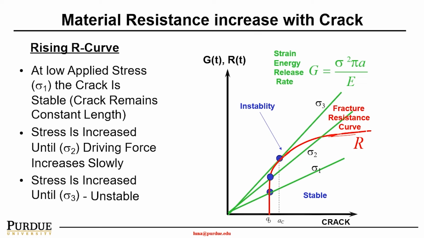If I have a very low applied stress, the crack is stable. However, when the stress is increased to sigma 2, it becomes a driving force, and this crack starts to increase very quickly, and that's the unstable area. So a_c is your critical crack length.